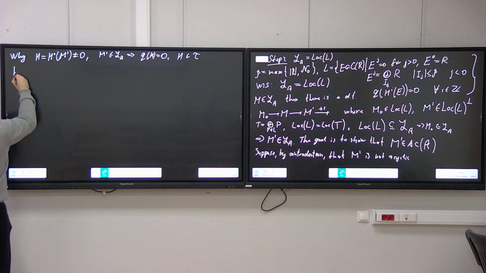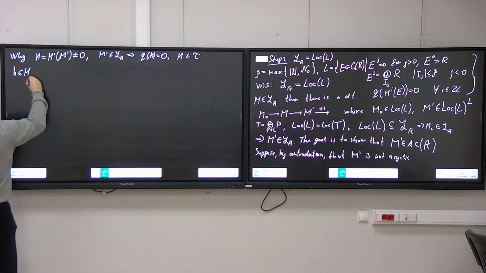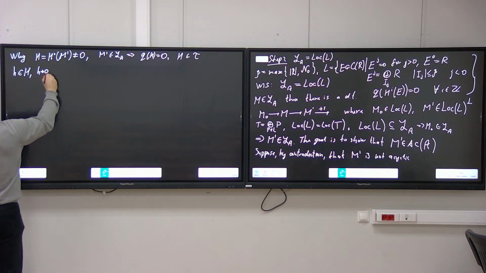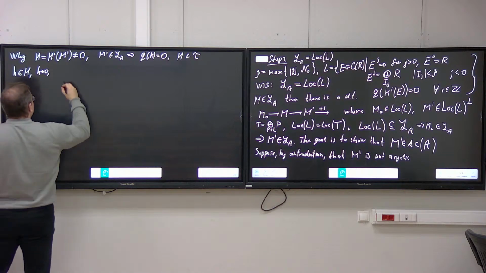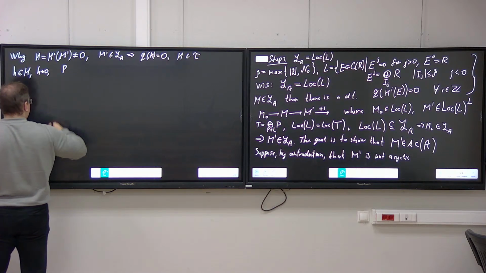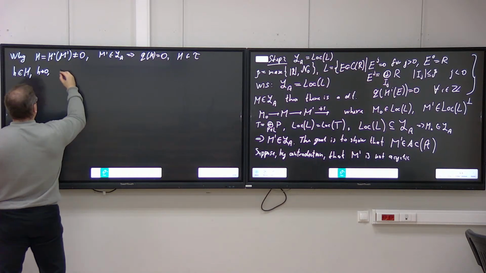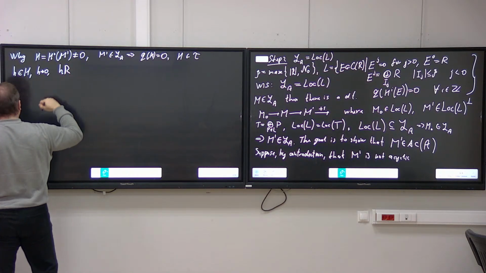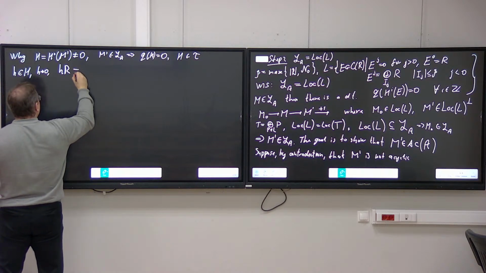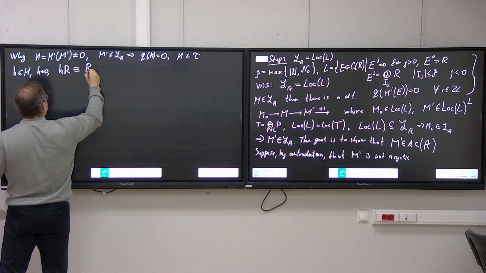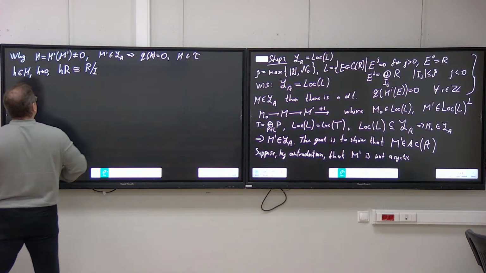So we can take some element little h in the module H. Let's assume this is not equal to 0, so we can generate a cyclic module. We have a right module, so let me write this as hR. This is a right module, which is isomorphic to R modulo I, right?